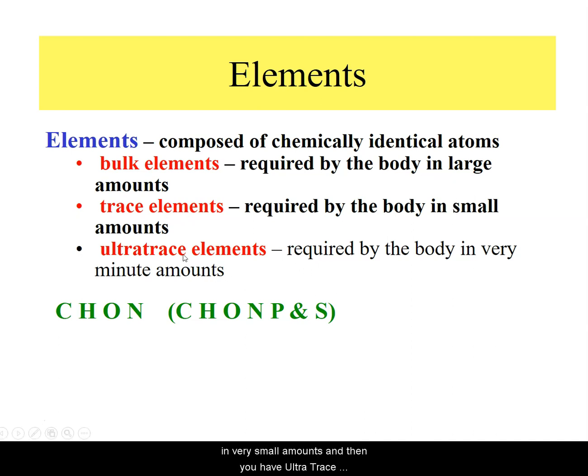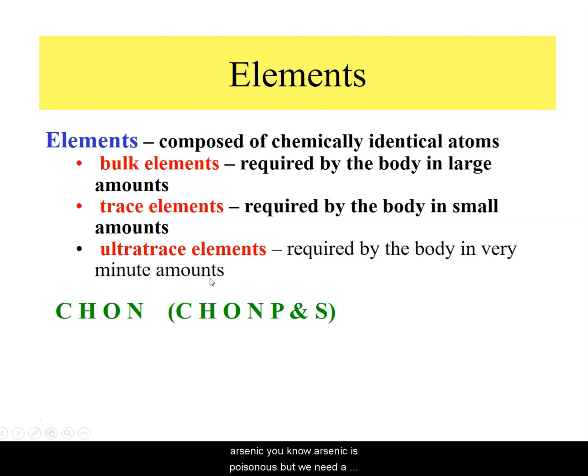And then you have ultra trace elements required by the body in minuscule amounts, extremely small amounts, and too much of a good thing is poisonous. So ultra trace elements are usually poisonous in high quantities, such as arsenic.